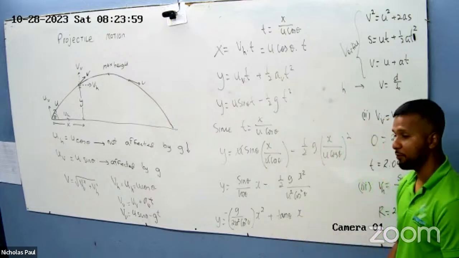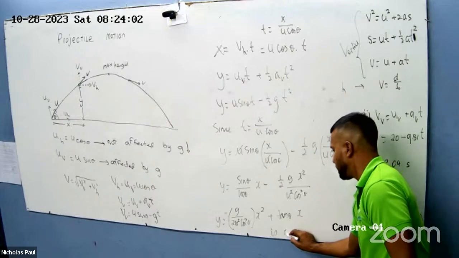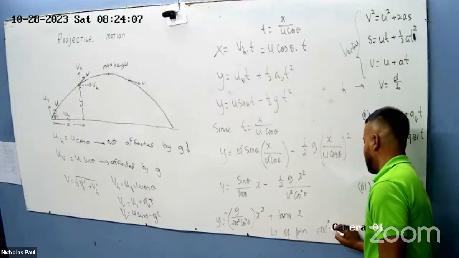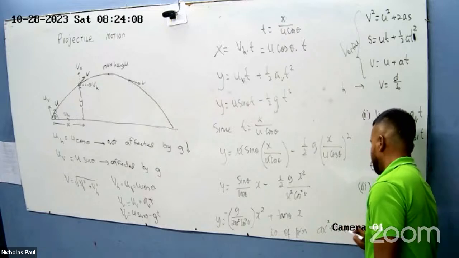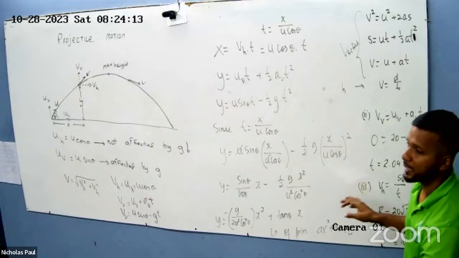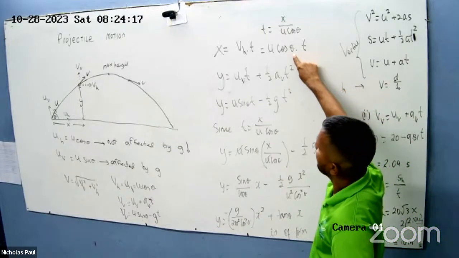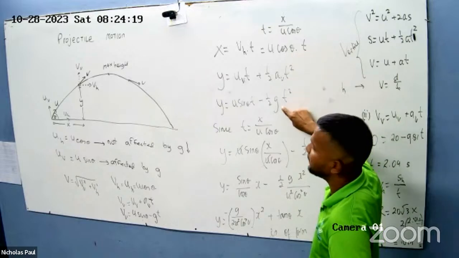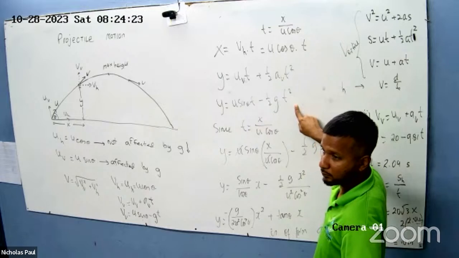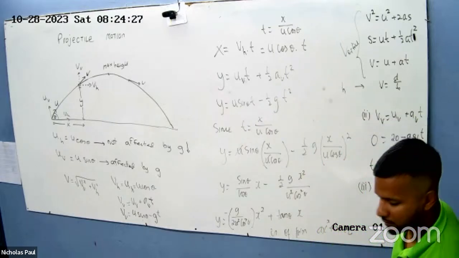And this is of the form ax squared plus bx plus c. That's it. So at any point in time, to prove it is parabolic, all you have to do is find the horizontal displacement, find the vertical, and plug one into the other. That's okay? All this is in your notes.